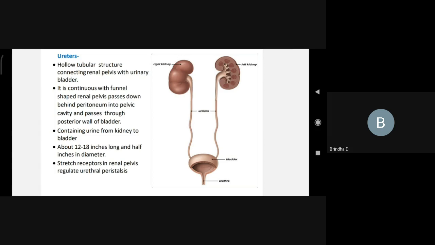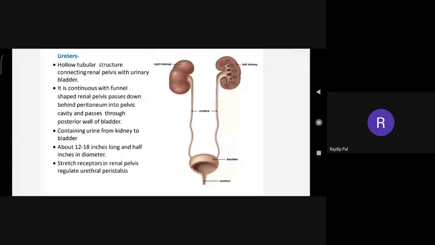What do you mean by peristalsis? Please answer me fast. We don't have much time. Peristalsis is a movement of food grains which moves along the alimentary canal, which is known as peristalsis.